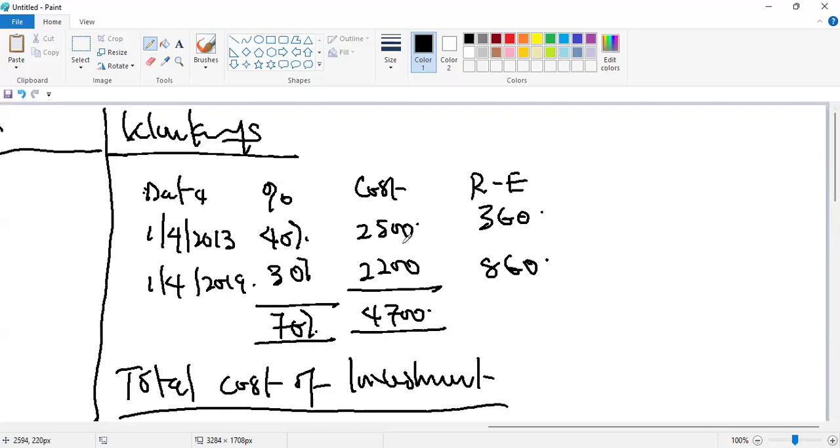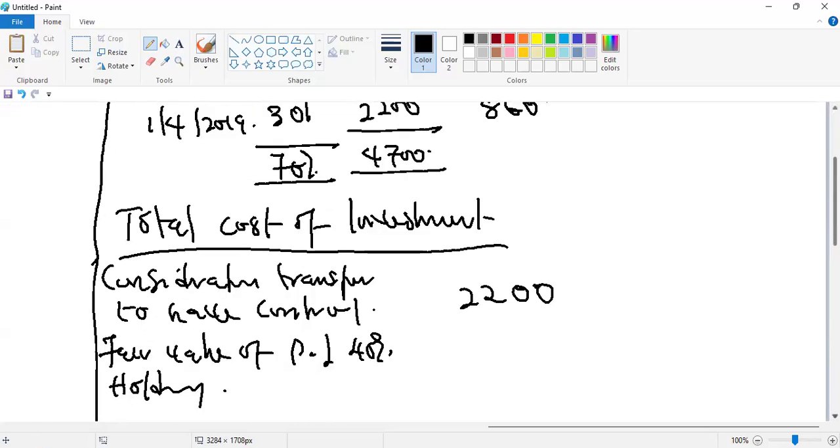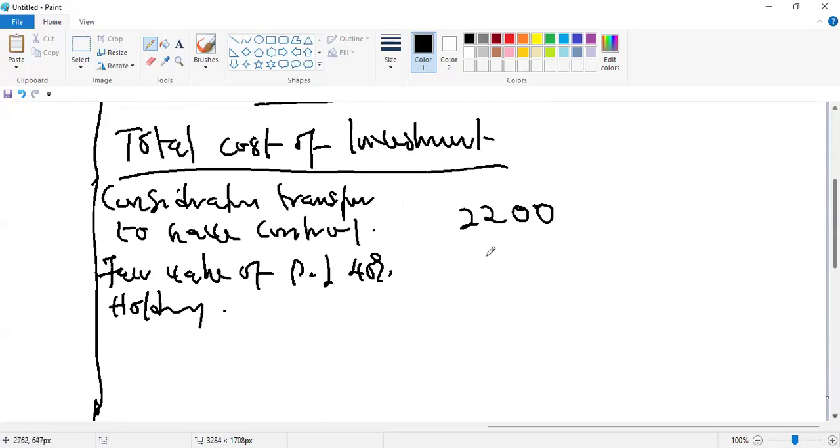Initially, it was 2,500. Now it is 3,000. So for the goodwill calculation, I will use 5,200.